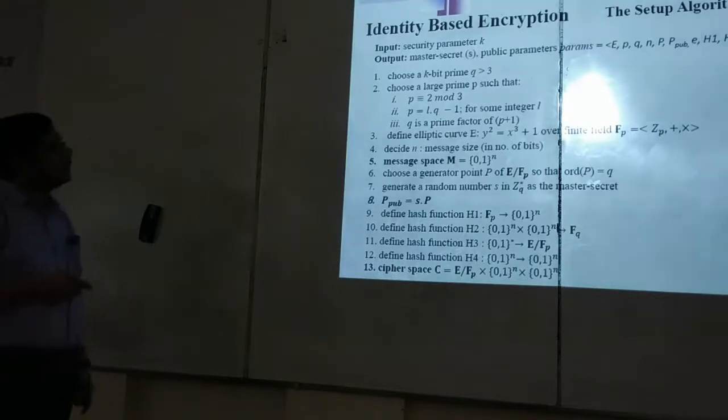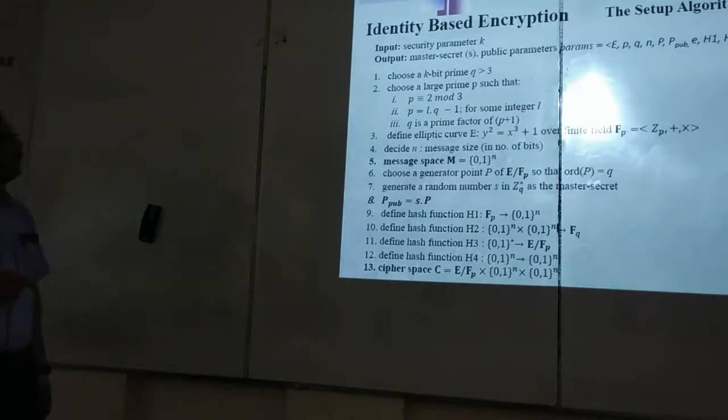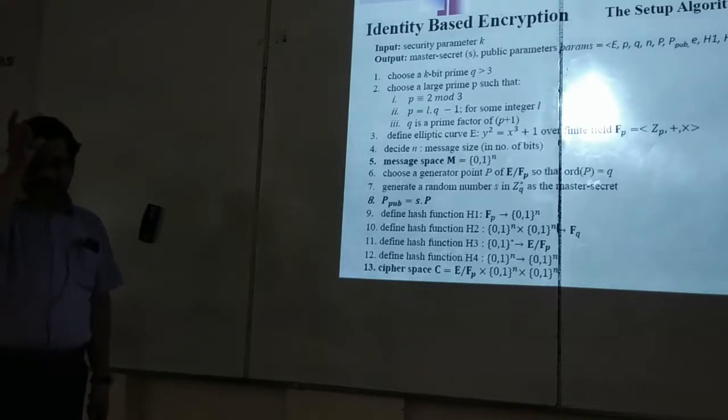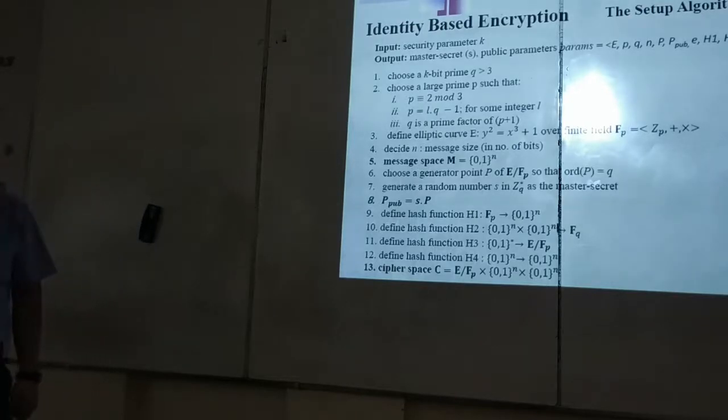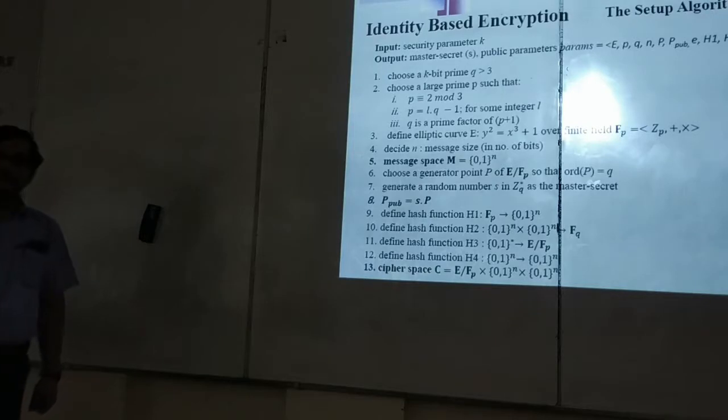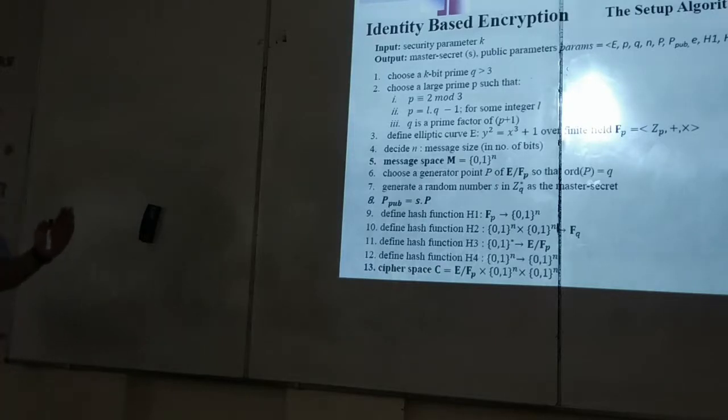So first, this is the input k. What is this k? This k is nothing but the size of the prime number q. If you take a larger size prime number, the security is larger.